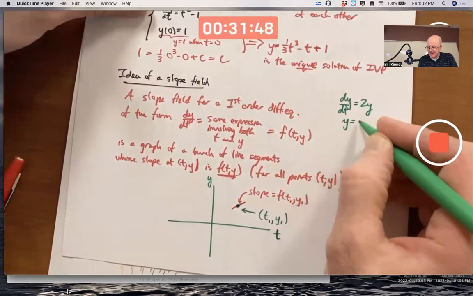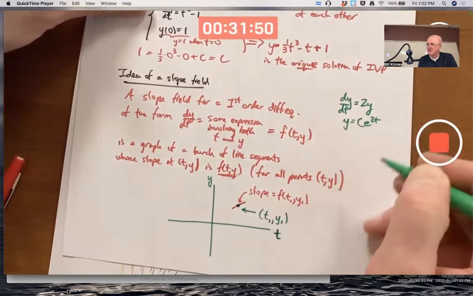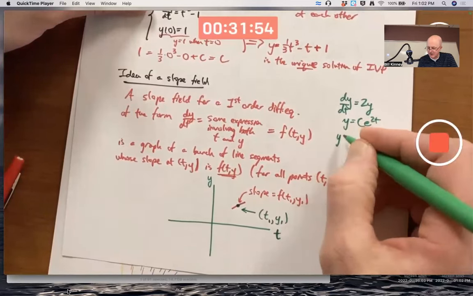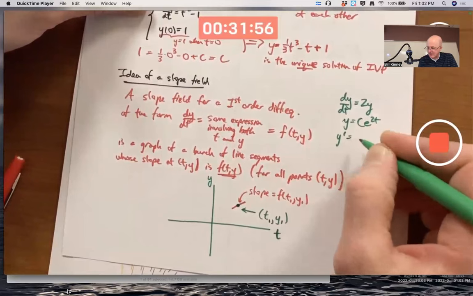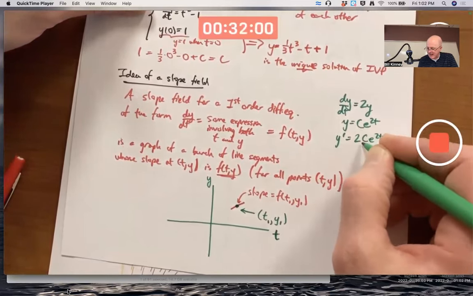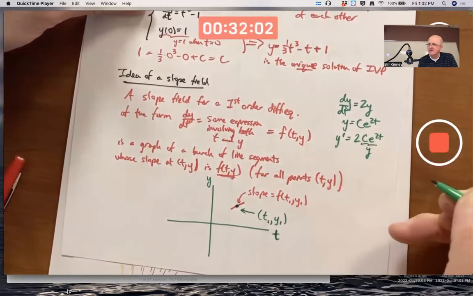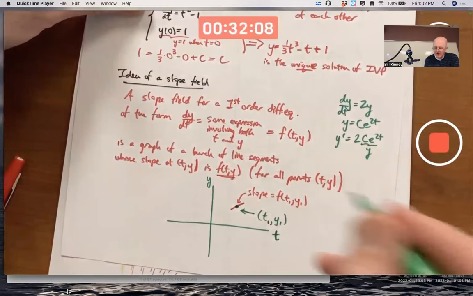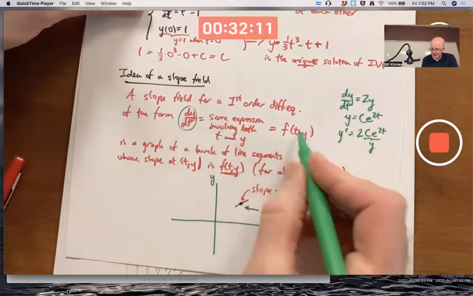Any constant times e to the 2t is your general solution, because such functions have derivatives, which I'll just write as y prime here, by the chain rule, always equal to 2 times themselves. That's one way the differential equation talks to you.